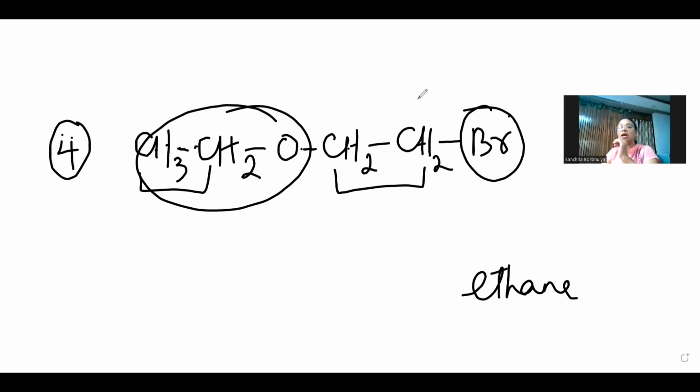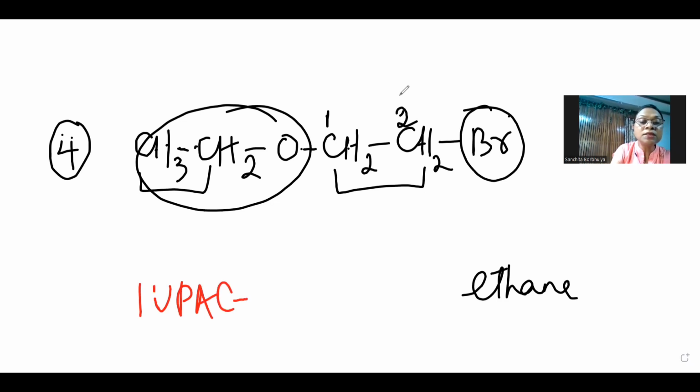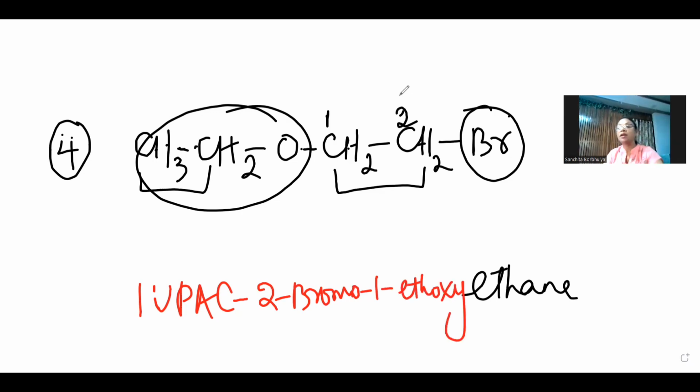So now the question is, how do you number it? This is one because ether has more priority compared to the halogen. So the IUPAC name of this compound, while writing it, you write it alphabetically. So this is 2-bromo-1-ethoxyethane.